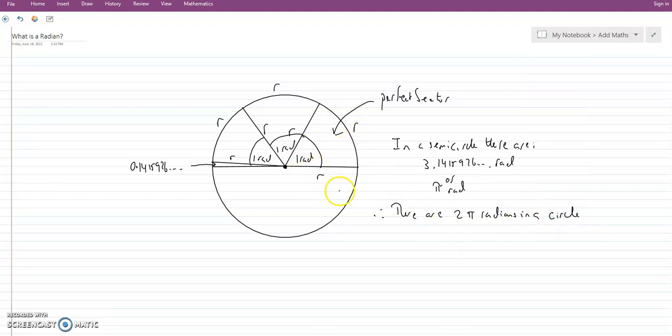To recap, you can take note that 1 radian is the angle made by a perfect sector. A few things to note.